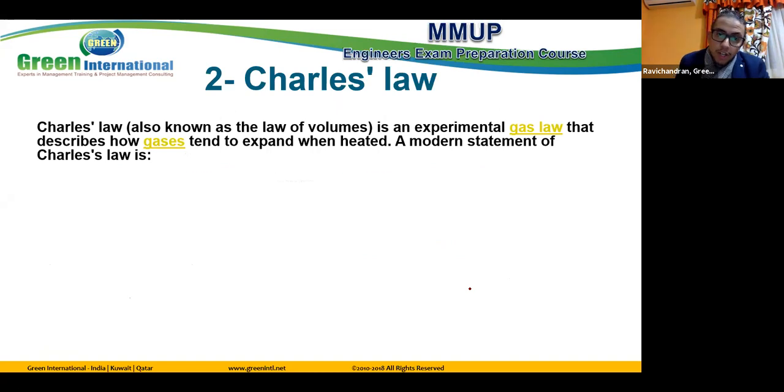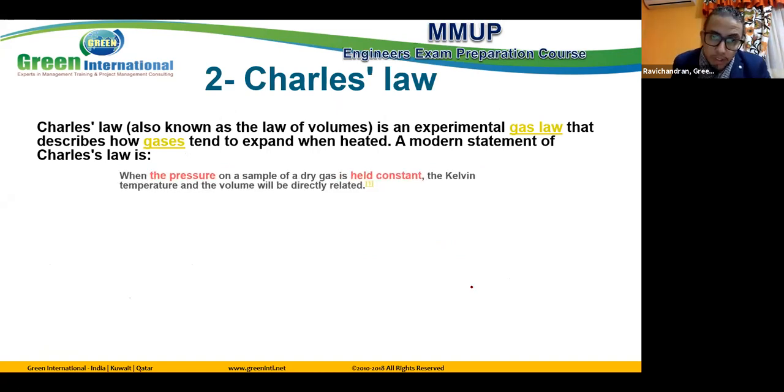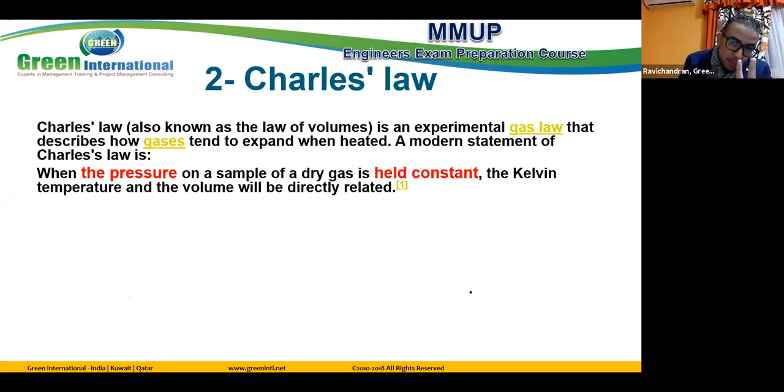Charles's law, we see pressure constant. The number of moles is also constant by default. So what's remaining? Temperature and volume. Both are directly proportional. So V1 over V2 equals T1 over T2.